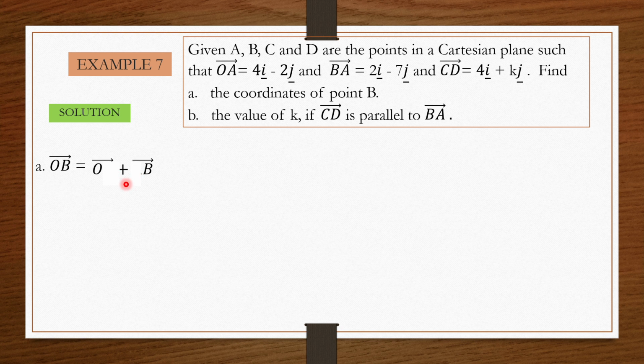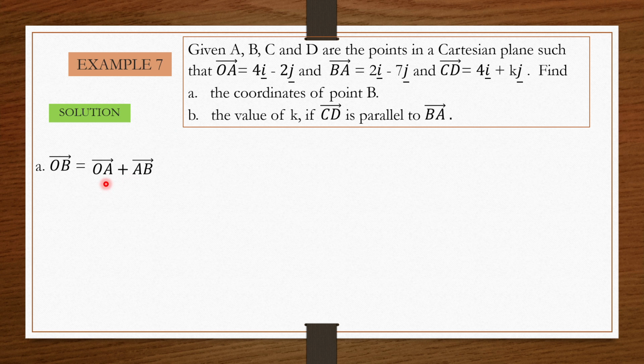You can put letter A, letter C or letter D. Now if you look at the given information, if you put letter C or D, you are not given OC or OD. You only have OA. So therefore, it is best to choose letter A.